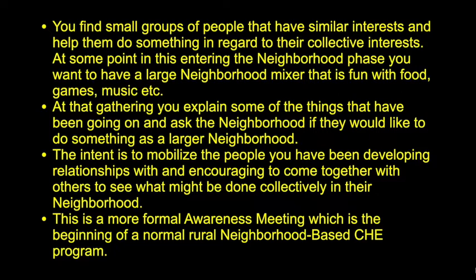At some point in this entering the neighborhood process, you want to have a large neighborhood mixer that is fun, with food, games, music, etc. At the gathering, you explain some of the things that have been going on and ask the neighborhood if they would like to do something as a larger neighborhood.